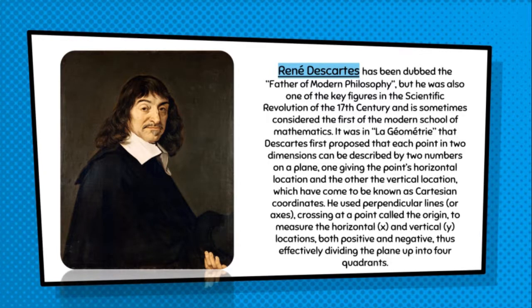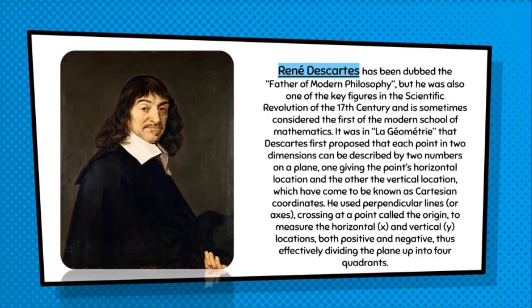It was in La Géométrie that Descartes first proposed that each point in two dimensions can be described by two numbers on a plane, one giving the point's horizontal location and the other the vertical location, which have come to be known as Cartesian coordinates.